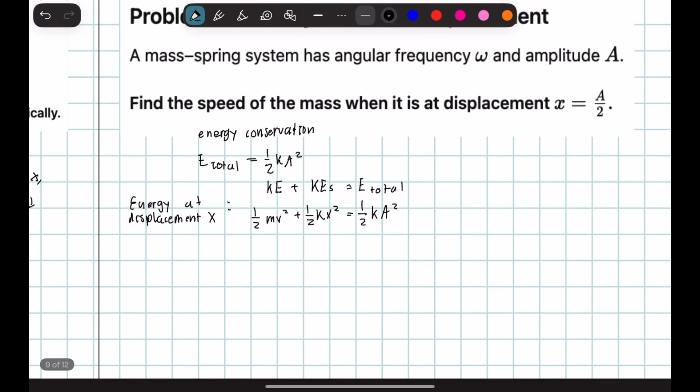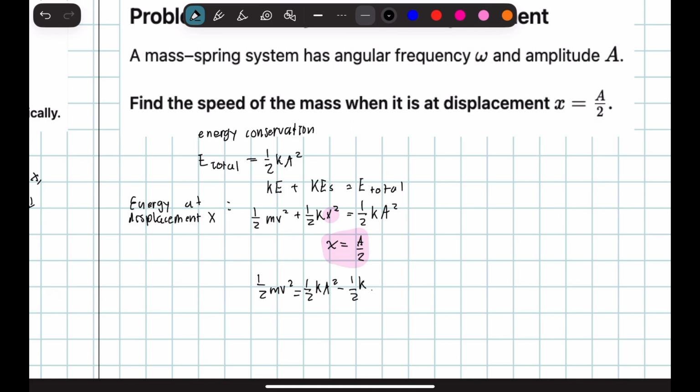So if we substitute in x is equal to a over 2, then we can rewrite everywhere you have an x. So that's going to be 1/2 mv squared plus 1/2 ka squared minus 1/2 k, that's equal to 1/2 mv squared. So we want to isolate, and we also want to subtract from the other side too.